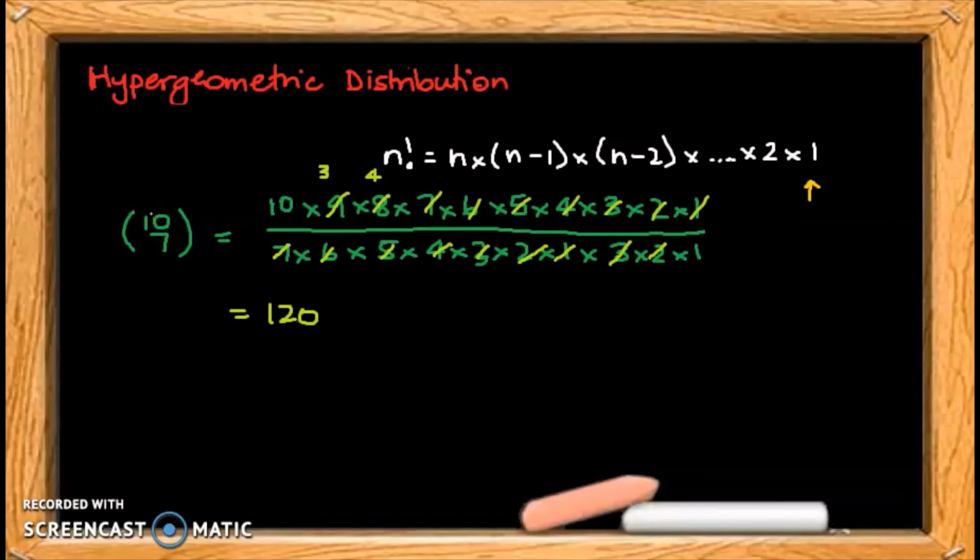A 10-step tree diagram has over 1,000 branches. There are 120 paths on that tree diagram that will have 7 desired outcomes. And that's how you can work out the number of branches on a tree diagram for any number of steps, and also how you can calculate the hypergeometric distribution, remembering that all the numbers that end up in the numerator are the same, and all the numbers that end up in the denominators are the same.